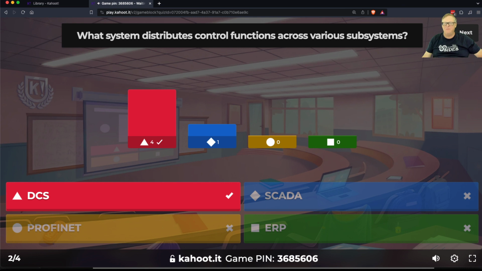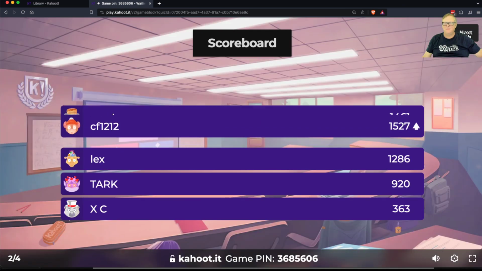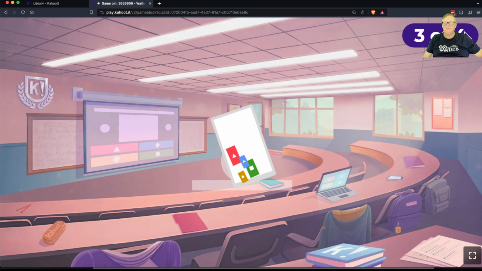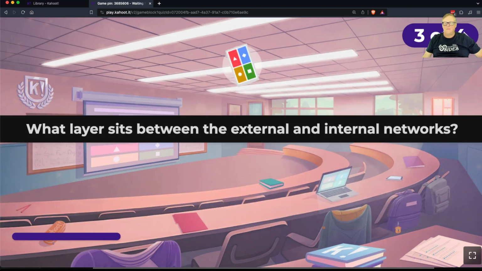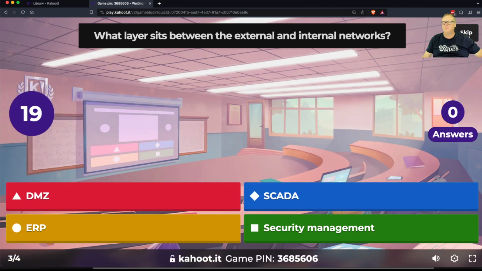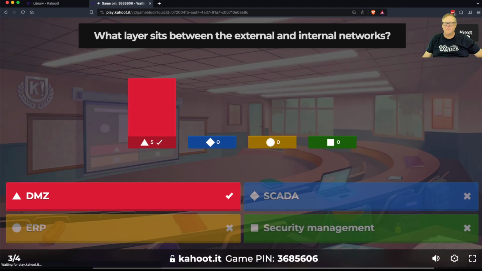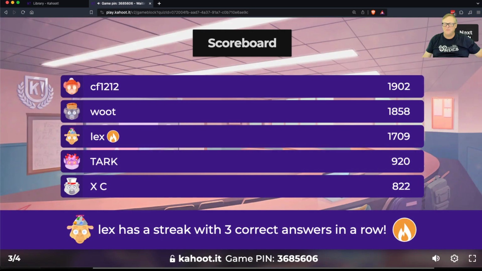DCS, good. What layer sits between the external and internal networks? The demilitarized zone, also used in IT networks.